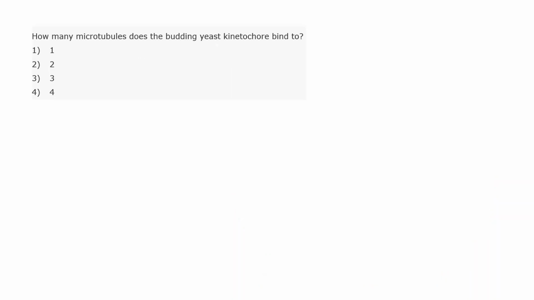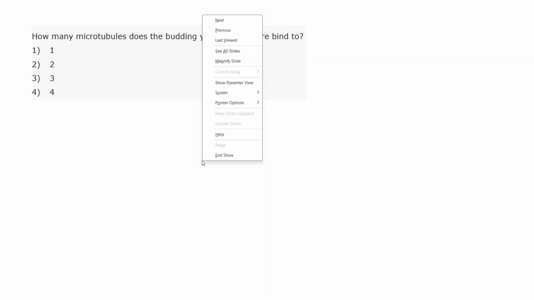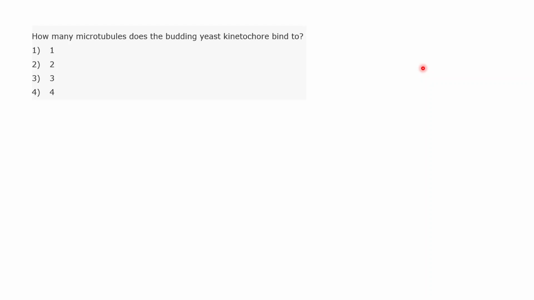So, how many microtubules does the budding yeast kinetochore bind to? 1, 2, 3 or 4? I'm getting option number 2.